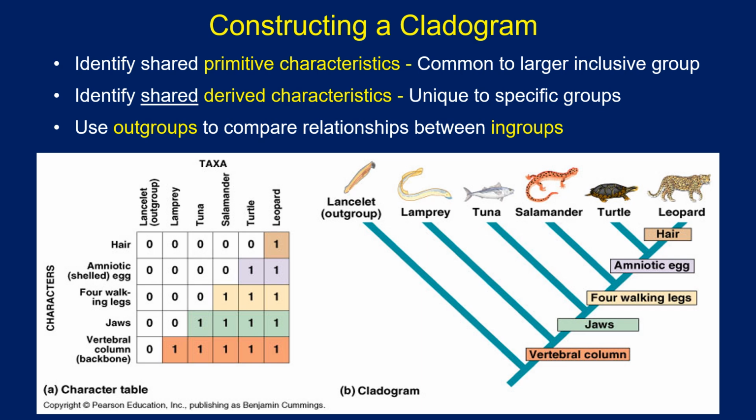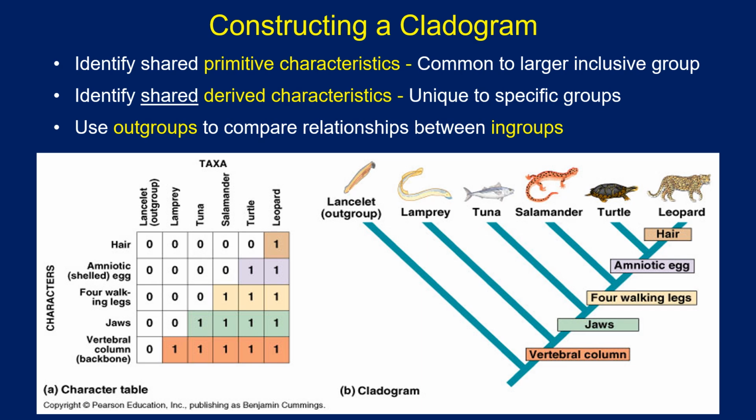The outgroup here is something called a lancelet. It is not a vertebrate. It is related to these guys, but it doesn't have those structures. It doesn't have anything resembling a skull or anything resembling a vertebral column. So we're going to use that as our outgroup, and we're going to compare that to the other organisms here.